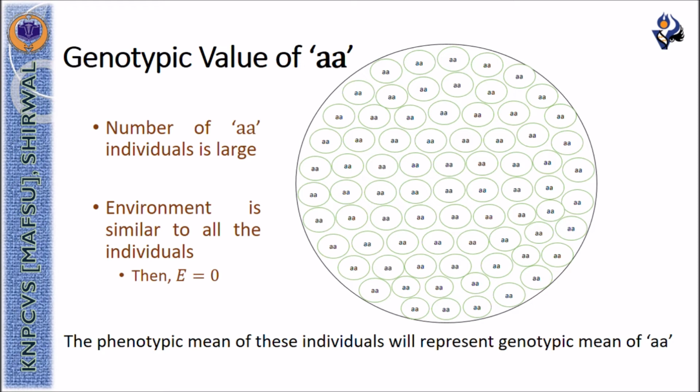Similarly, the genotypic value of the homozygous recessive genotype will be calculated in the same environmental conditions which have been provided to the homozygous dominant as well as heterozygous genotype, and therefore the phenotypic mean of all these individuals will represent the genotypic mean of the homozygous recessive genotype.